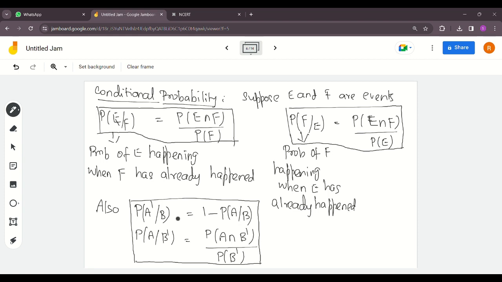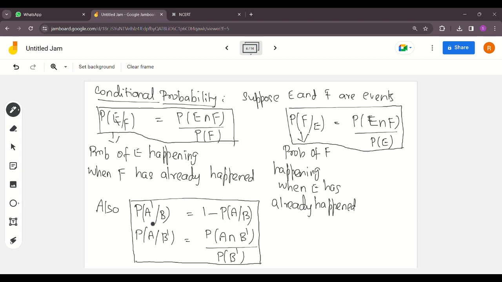Also you have some other results for conditional probability, that is P of A dash bar B. Now let us see the definition of P of A dash bar B. Using the same logic as we did for P of E bar F, it is the probability of A dash happening when B has already happened.